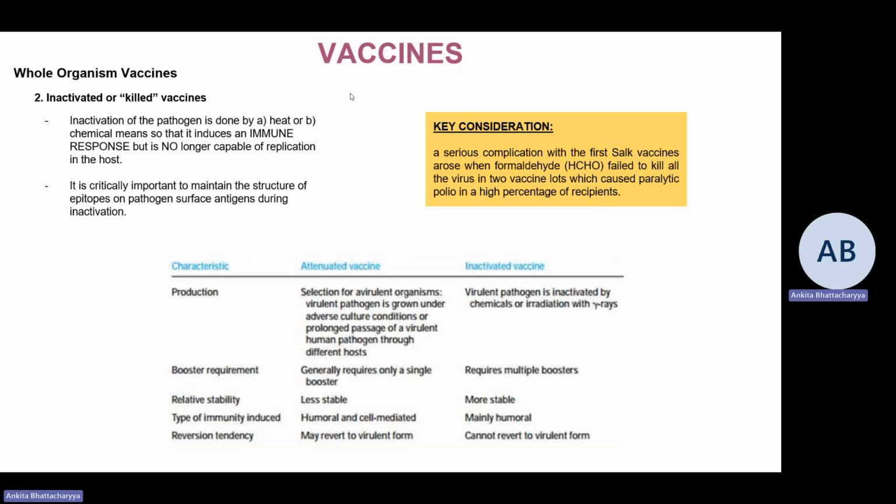In comparison, for inactivated or heat killed vaccines, the immune response is only B cell mediated immunity, otherwise known as the humoral branch of immunity. The reversion tendency in the case of attenuated vaccines is a lot higher. They can revert to the virulent form because they have not been completely killed. Whereas for inactivated vaccines, the possibility is much, much lesser.